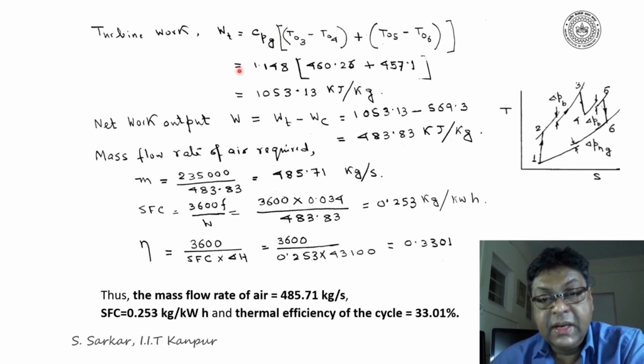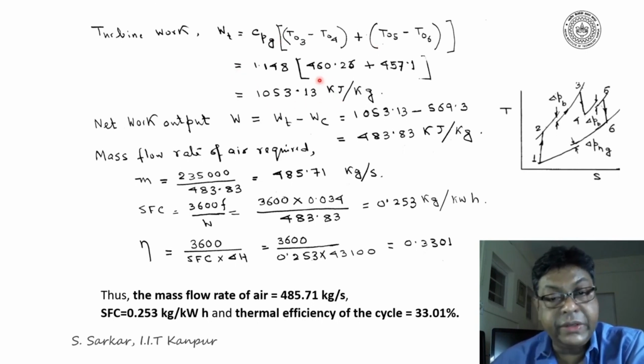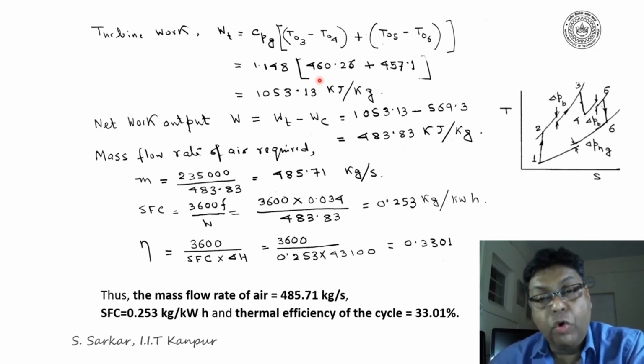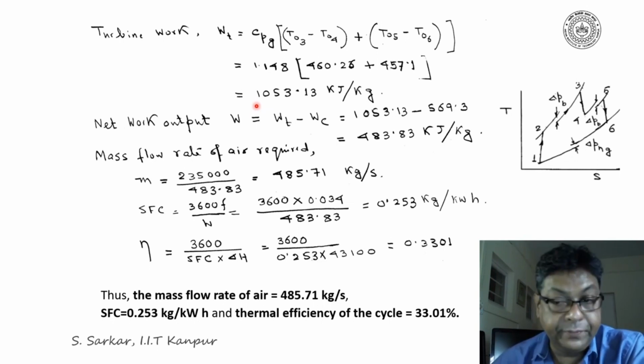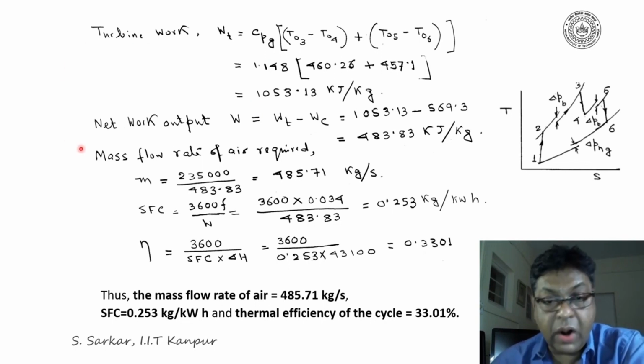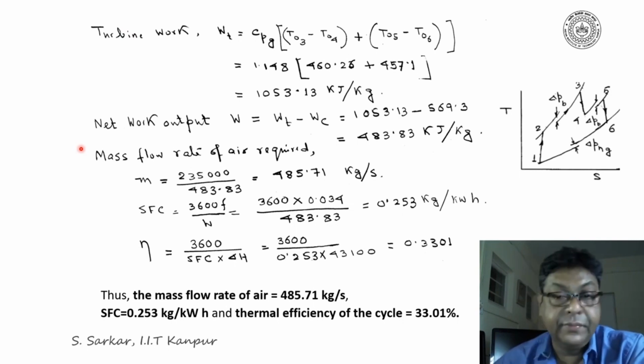Thus, I know both the values. One is 460.26 and the other one 457.1, and CPG equal to 1.148. Therefore, if you do the multiplication, you will get WT is equal to 1053.13 kilojoule per kg.